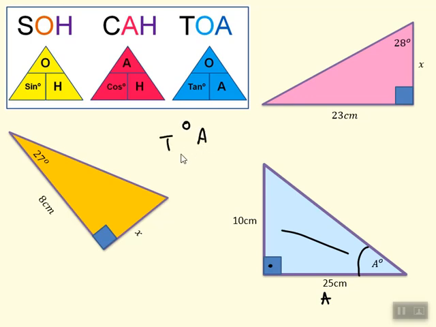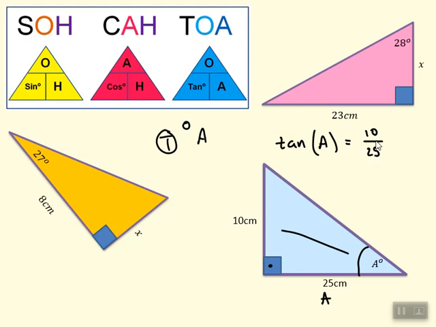Remember the T stands for tan of the angle, whether you know it or not. I'm going to keep saying it till you remember it. So we don't know the angle, so I'm going to write tan A. In the triangle it tells us to work out that one, we have to do the opposite divided by the adjacent. The opposite is 10, and the adjacent is 25.